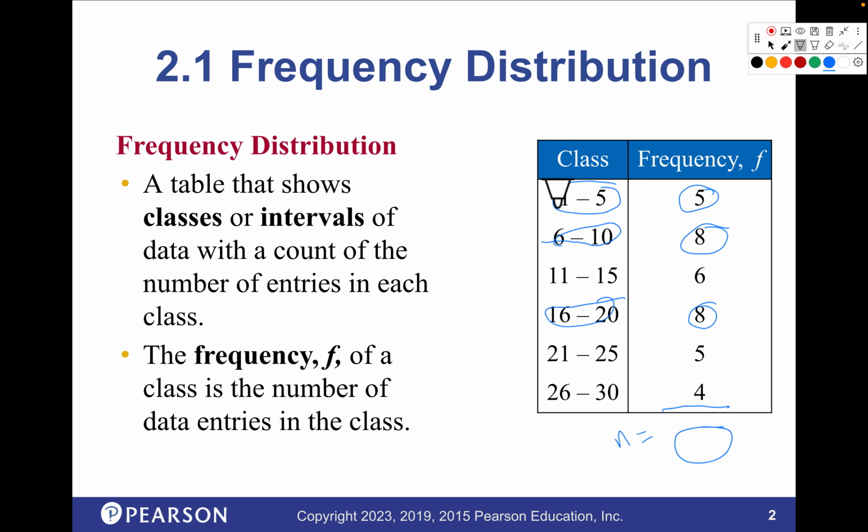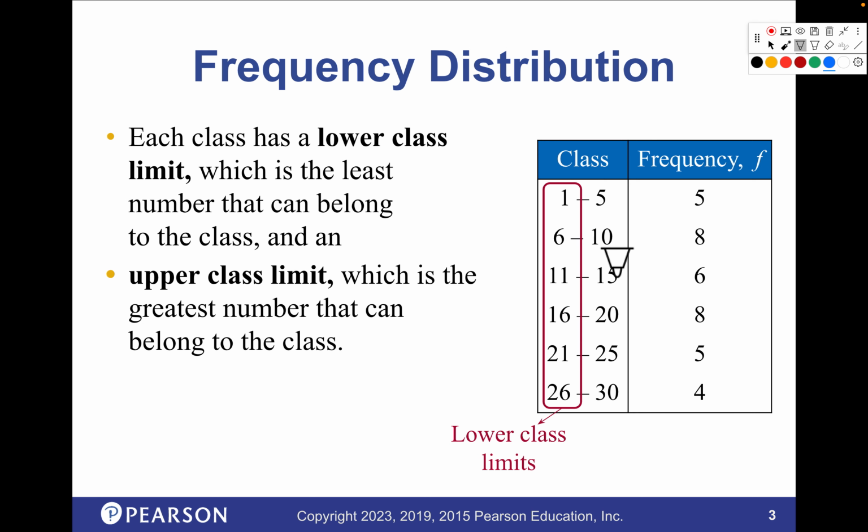We're going to look at a set of data and make our frequency table. We'll talk about how to get these class boundaries, these class limits, and how to create it. We see we have what they call a lower class limit, the bottom side, and an upper class limit. So for that first class, it has numbers from 1 to 5, inclusive of 1 and 5.